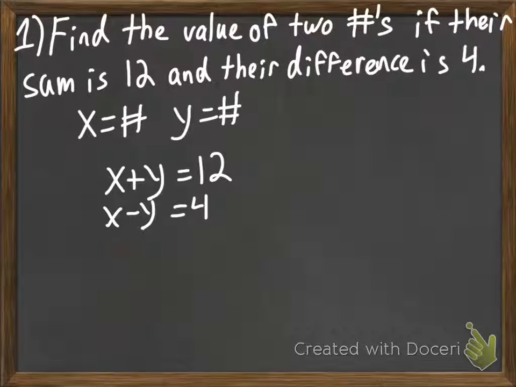Okay, now we've taken that word problem and we've turned it into a linear system that we've been working with and that we know how to solve. And the way it's set up, it looks like it's set up best for elimination. So what I want you to do now in your group is go ahead and solve this using elimination. So pause the video and do that now.